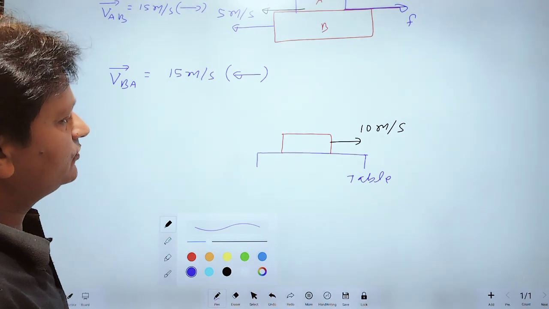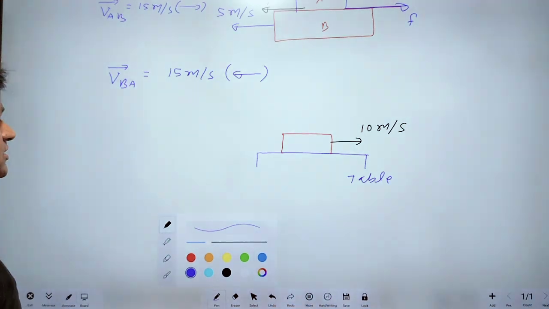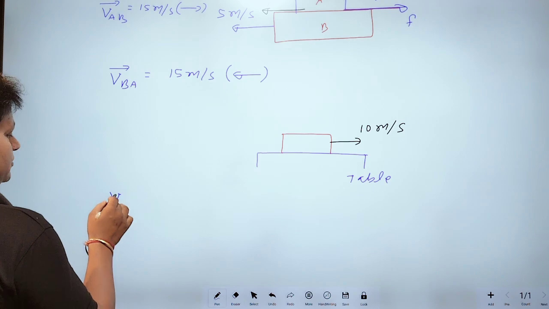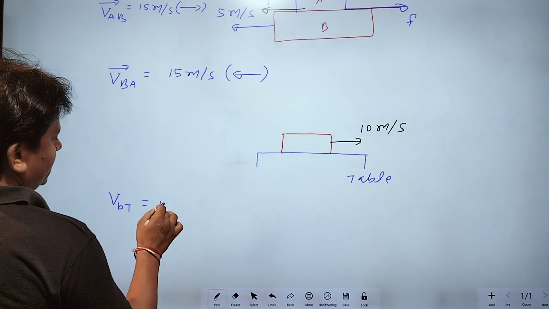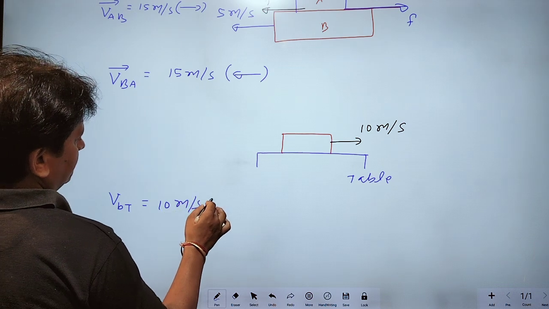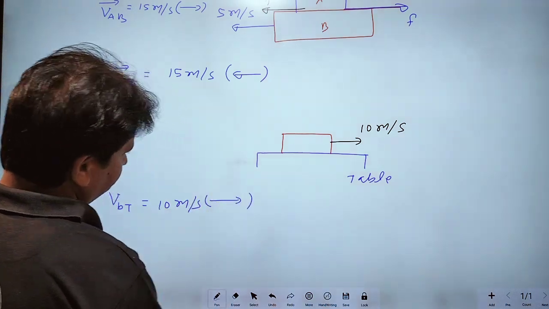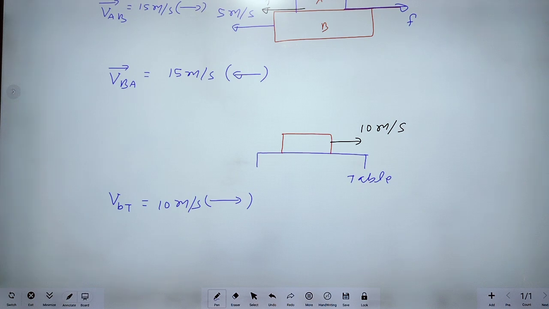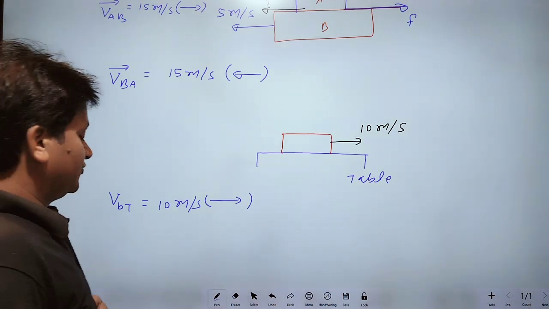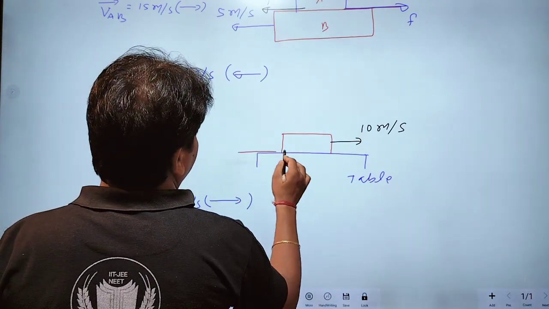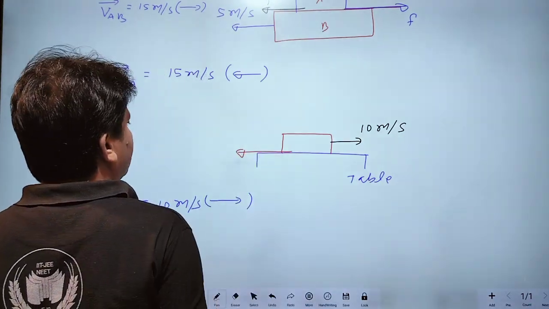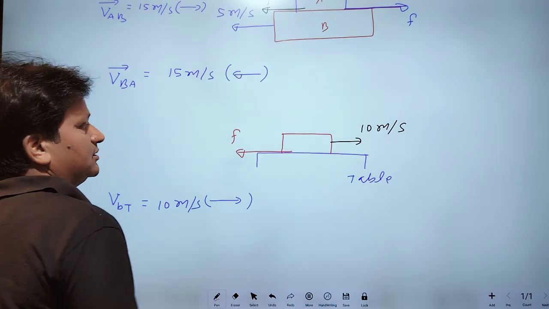It will be in the backward direction, because the relative velocity of the block with respect to the table will be 10 meters per second towards right. Therefore, the friction force will act on the block in leftward direction.